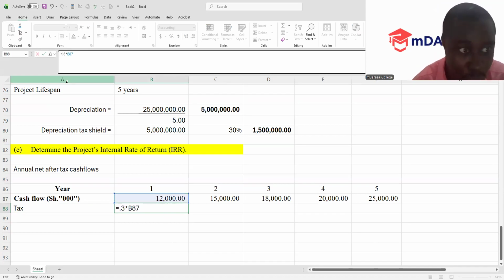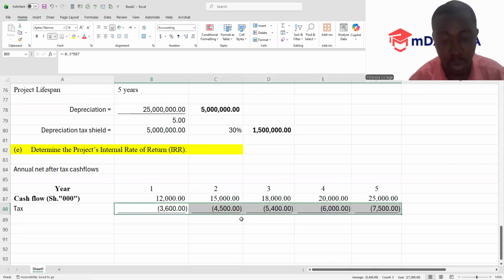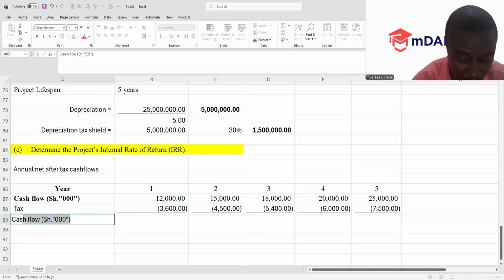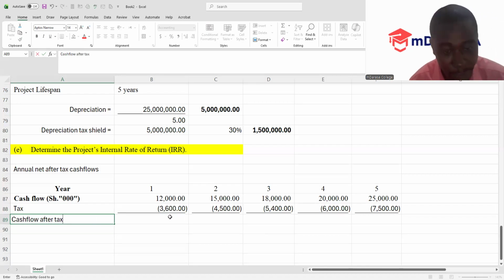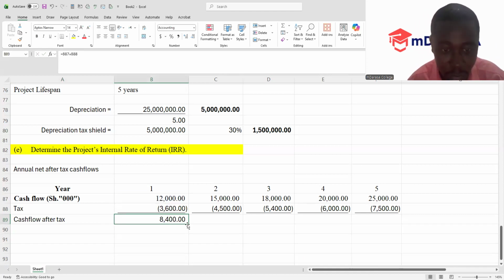And we are supposed to deduct this component here. So my tax component is what we should be having. This should give us the cash flows after tax. Cash flows after tax, we're having it at this point.